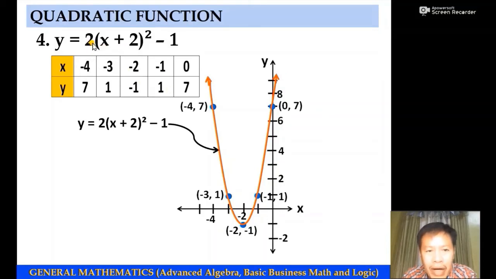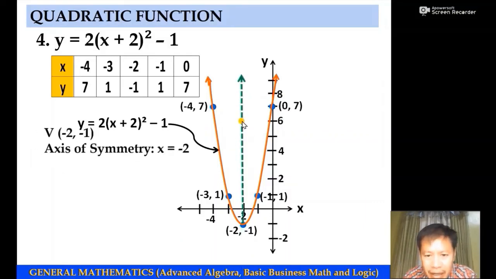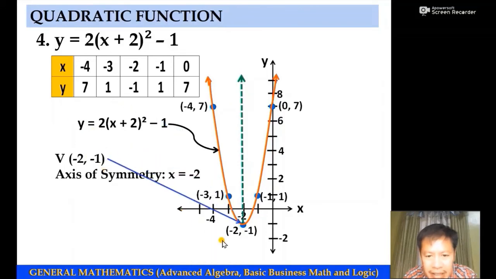If I am going to have here 3, the opening is smaller than this one. If that is -4, the parabola is opening downward and smaller than this, of course. Then, the axis of symmetry is this one. And the vertex is -2 and -1. And the axis of symmetry is this line.